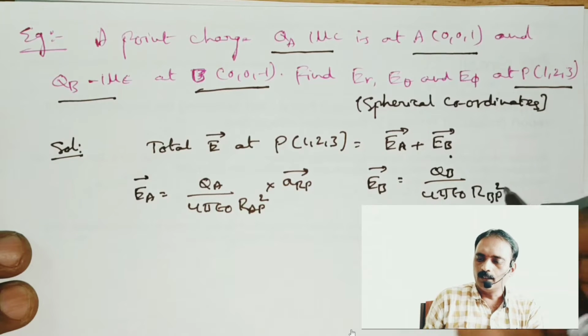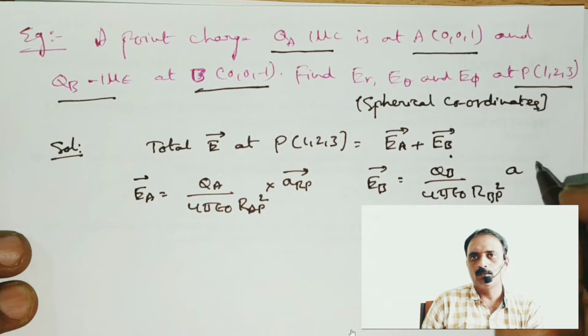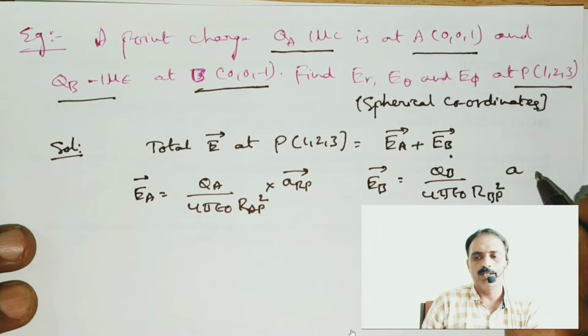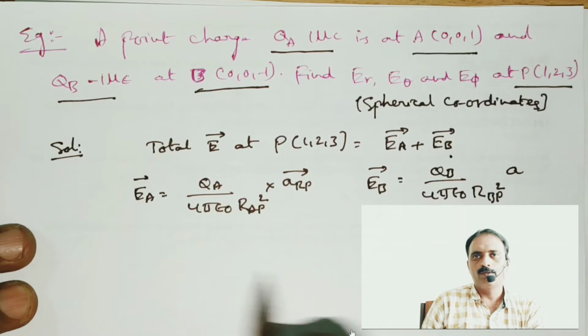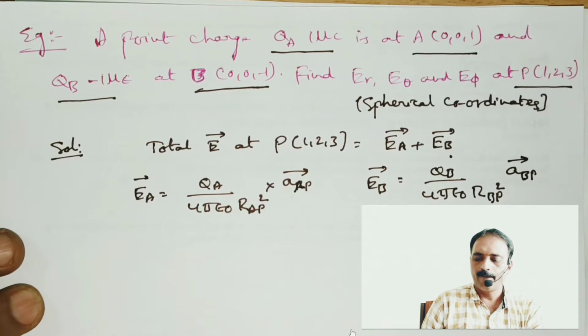Here R BP is the radial distance between the point B, where minus 1 microcoulomb of charge is located, and the point where we have to find the electric field intensity, and ABP bar is the unit vector along that particular direction.